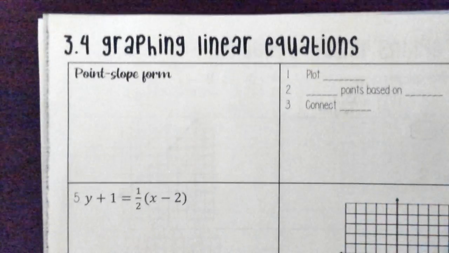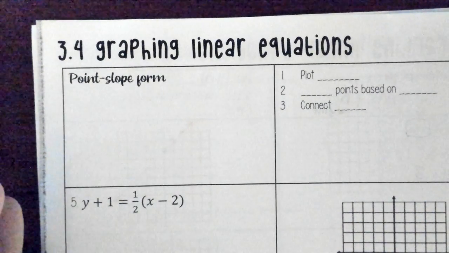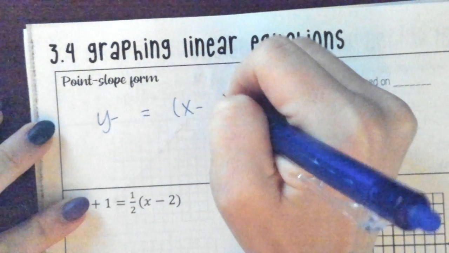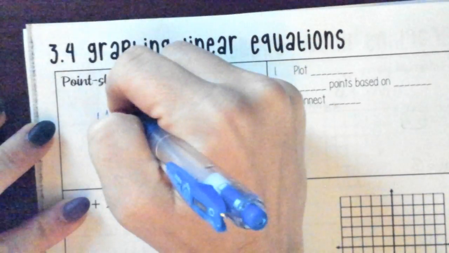Finally, if it is in point-slope form, that form is y minus y1 equals m times x minus x1.